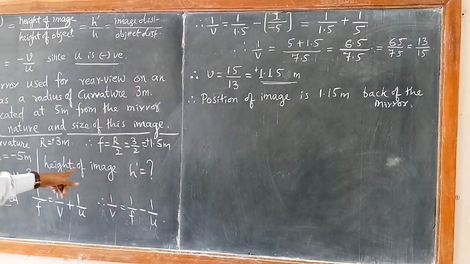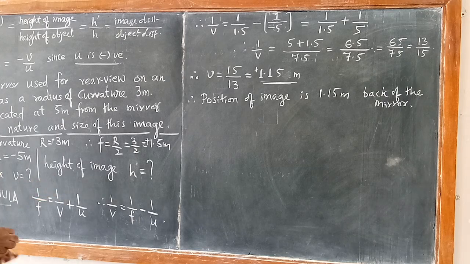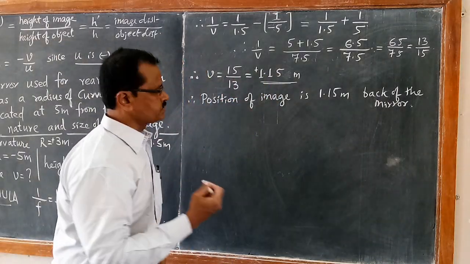Then the next one is to find the height of the image. How do you find the height of the image? To find the height of the image, let us define the magnification. Before magnification, you see, the image distance is 1.15, which is positive.